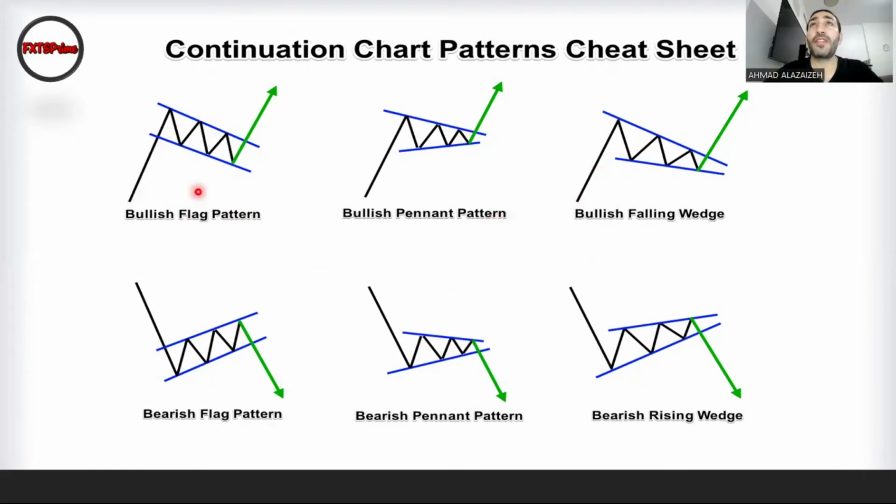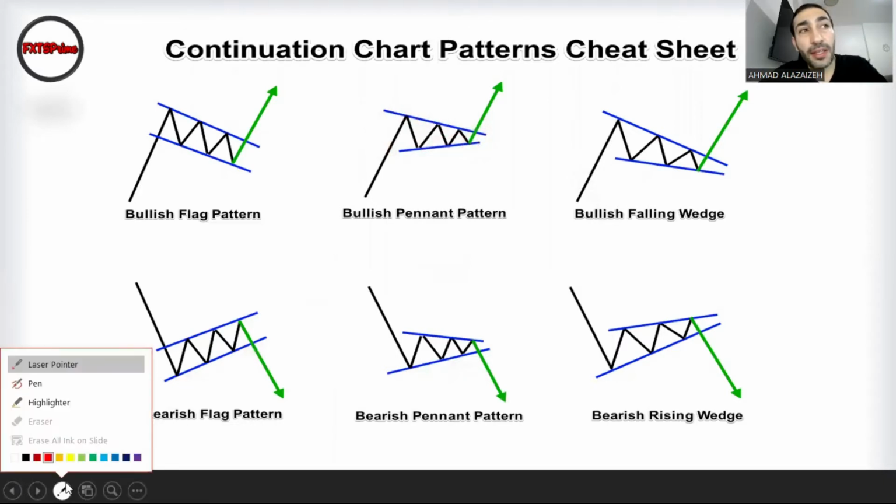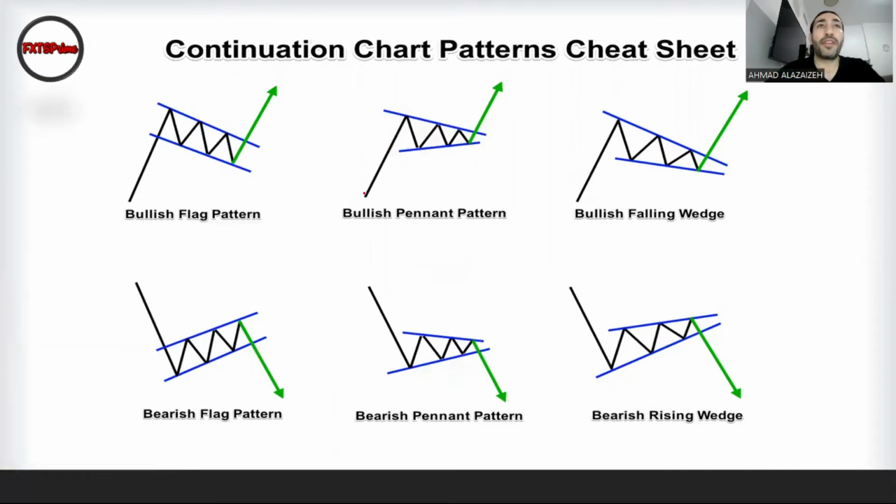So basically we have said except the flag, everything else is triangular, because if I consider the resistance line and the support lines, and if these shapes make a triangle for me, we can call the patterns triangulars. So resistance line and the support line make a triangle for me. So that is why I am calling this shape triangular.